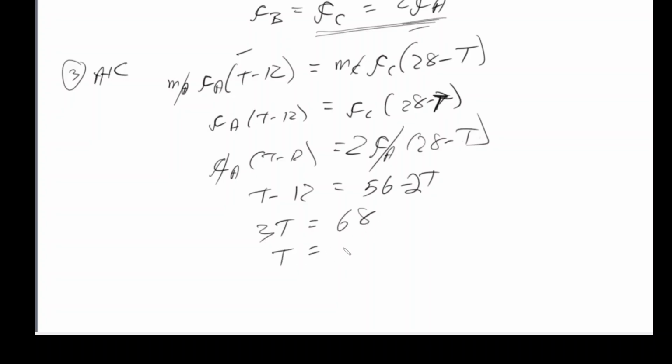T is equal to 22.7 degrees Celsius. So this is the final temperature we get when we mix A plus C.